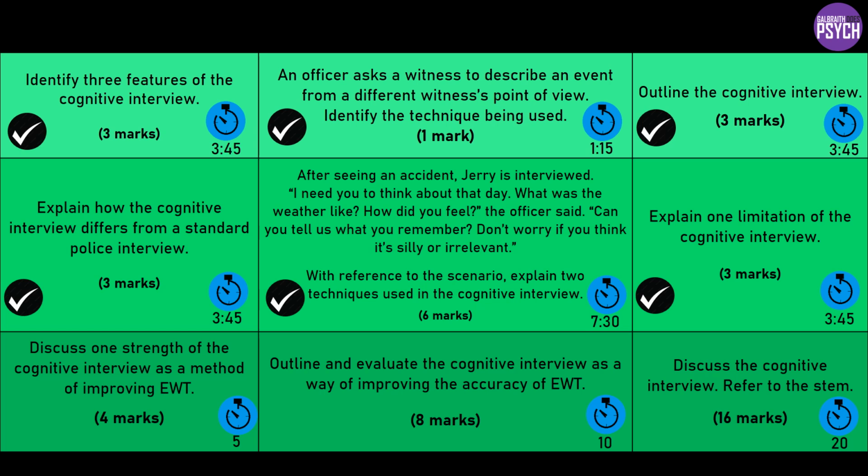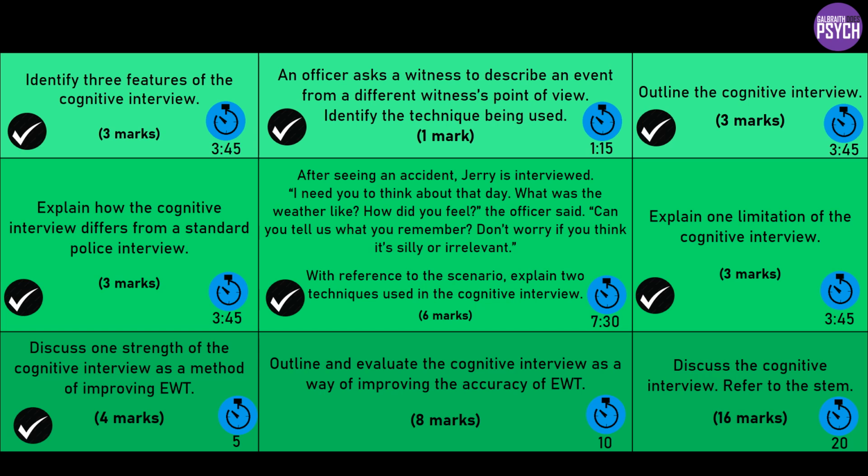On balance, despite getting more information, the overall quality of the information gained as a result of the cognitive interview may not actually be improved, and therefore maybe it isn't the most effective way or the best use of resources, you could argue, in a police investigation. Yeah, so we're getting more correct, but we're also getting more incorrect. So is it better overall? Maybe, maybe not.